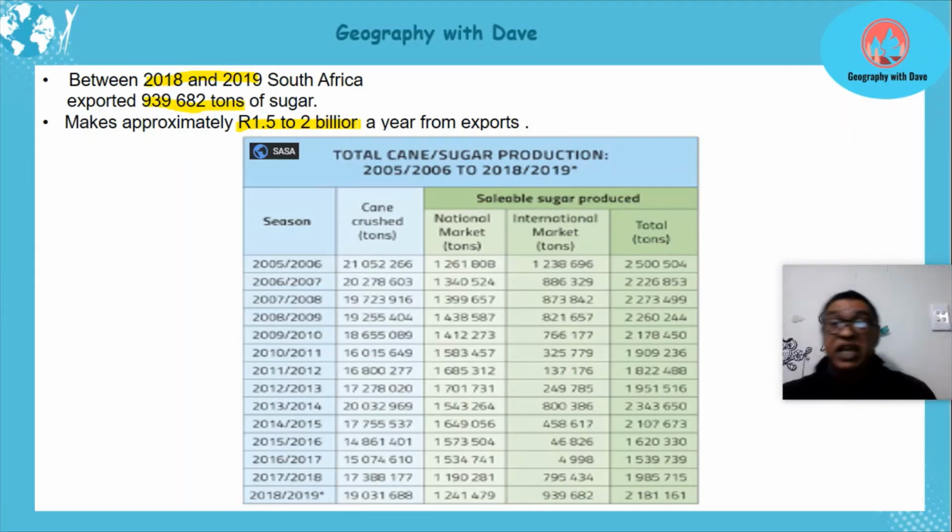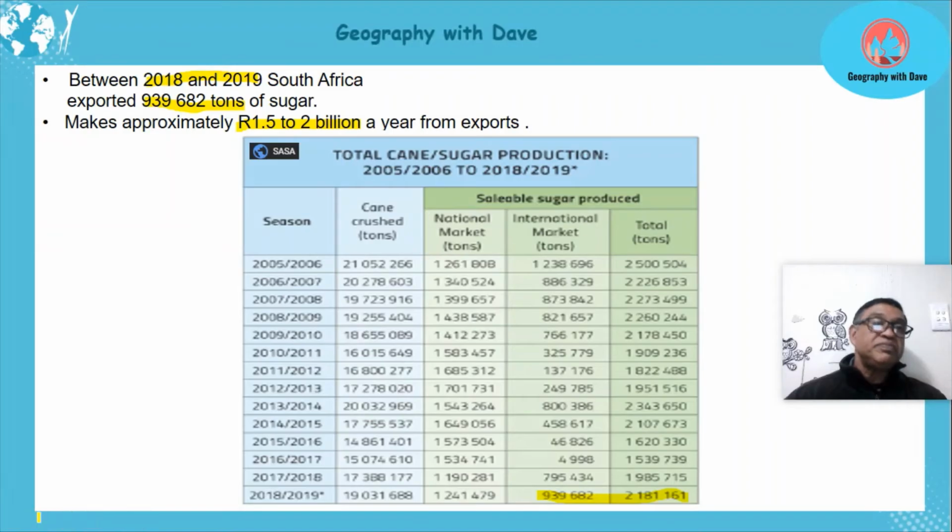It can be even higher, but that's just the average. A massive amount of money from exports. I just used those figures there and I can show you here, on this table rather, the amount that was made, the international market in tons, a massive amount.